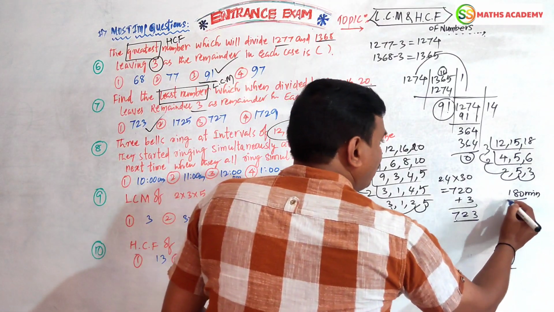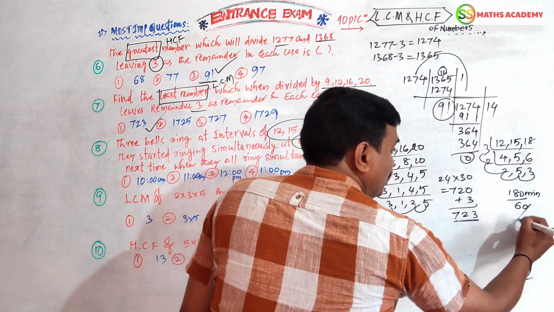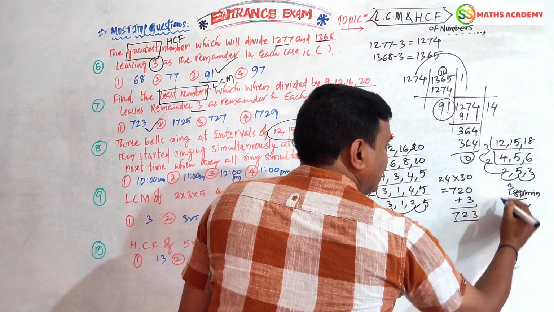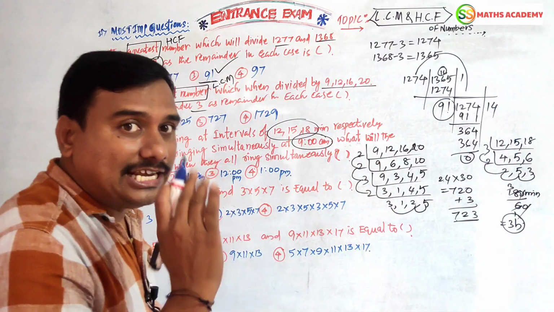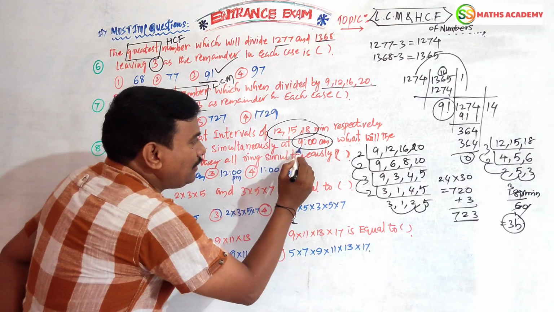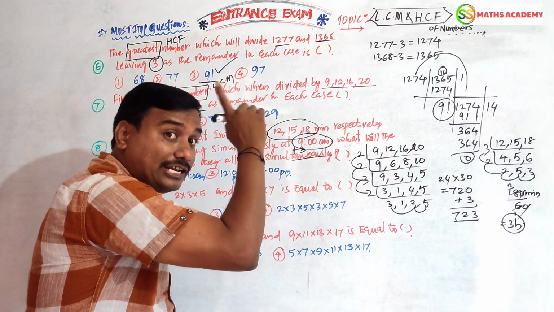To convert to hours, we divide by 60, since 1 hour equals 60 minutes. So the 0s get cancelled, 6 1s are 6, 6 3s are 18. We converted it into 3 hours. So 3 hours after the start at 9 o'clock in the morning when they are ringing.